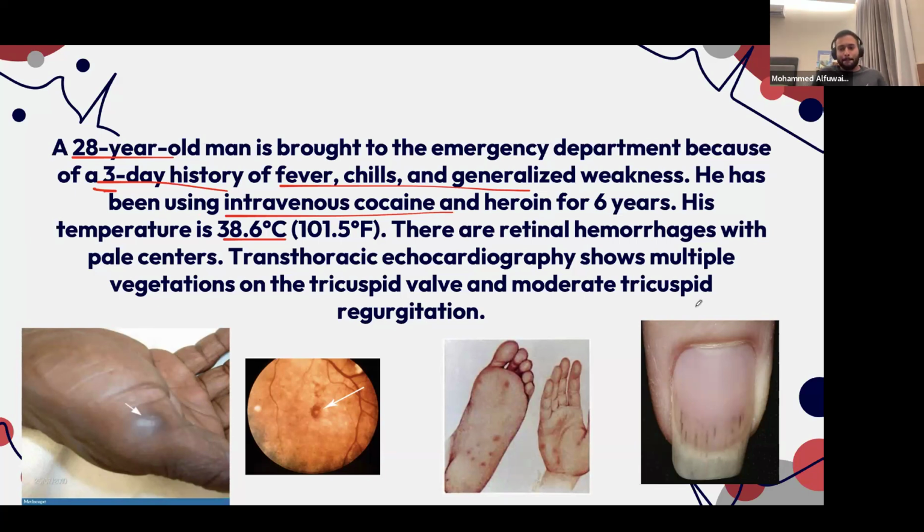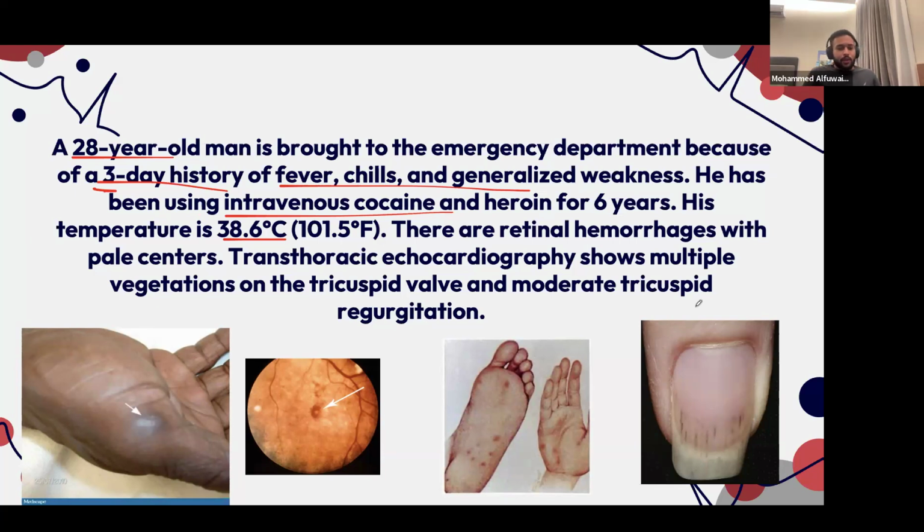Why? IV drug user. Which valve is associated with Staph aureus endocarditis? Tricuspid, right side. Why? Because you're injecting the drugs into veins. Veins will go to the right side first, right atrium, then the tricuspid valve, the first valve it sees. That's why it's associated with the tricuspid valve.